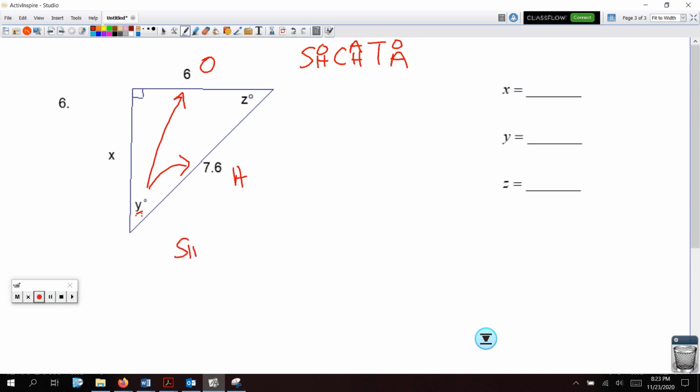So if I want to skip a step and just get to the inverse of that ratio, the inverse function of O over H, which is 6 over 7.6, and put that in my calculator and round to the nearest tenth, I will find out what y is. So inverse sine of 6 divided by 7.6 gives me 52.1 degrees.